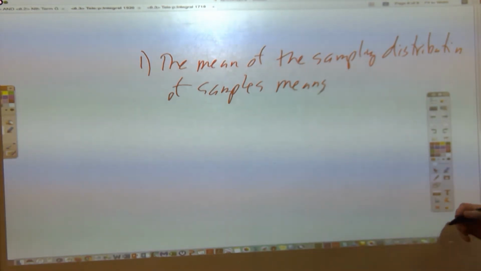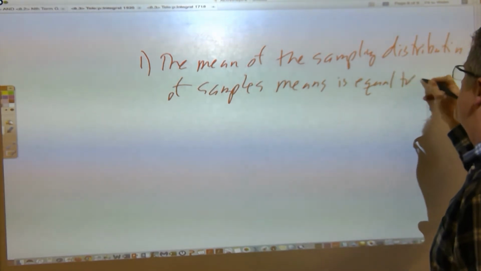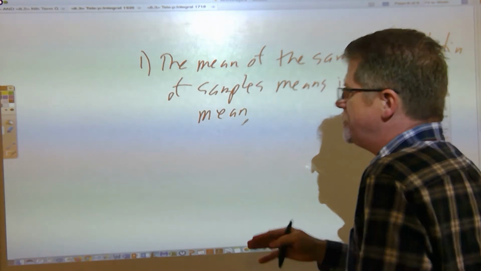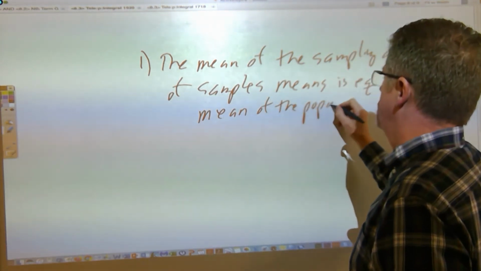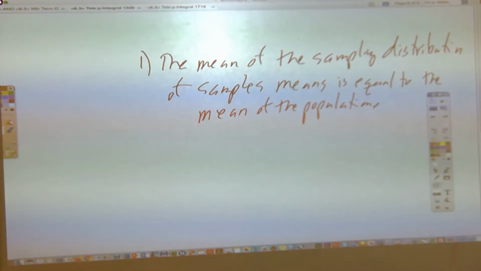The mean of the sampling distribution of sample means is equal to the mean of the population, the average height of the entire population. That was question 1A back in 1998.